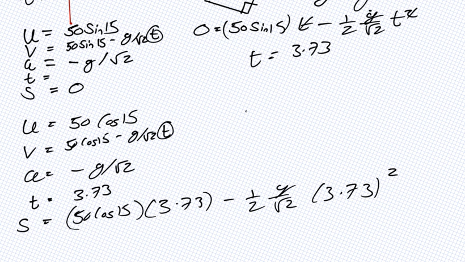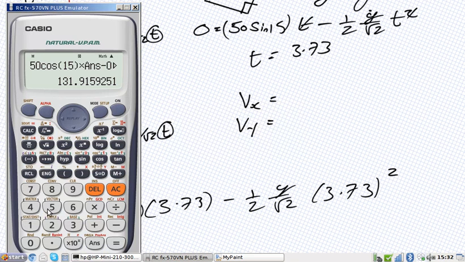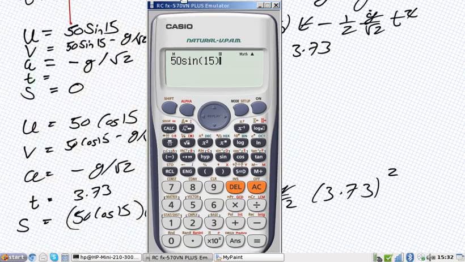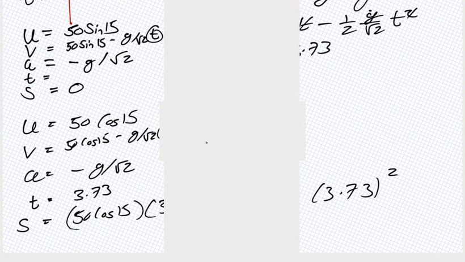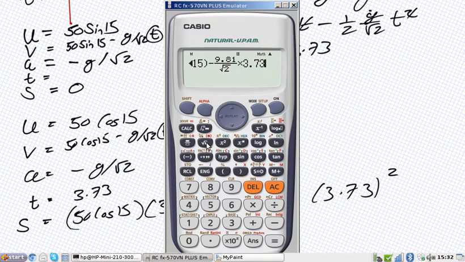So the Vx and the Vy will be: 50 sine 15 minus g over root 2 times 3.73.